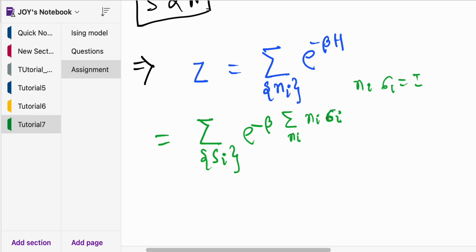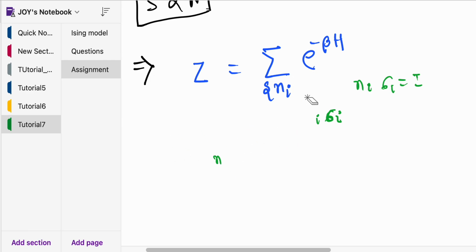Let me check whether I'm correct, wrong or right. Let me write it in a proper way.